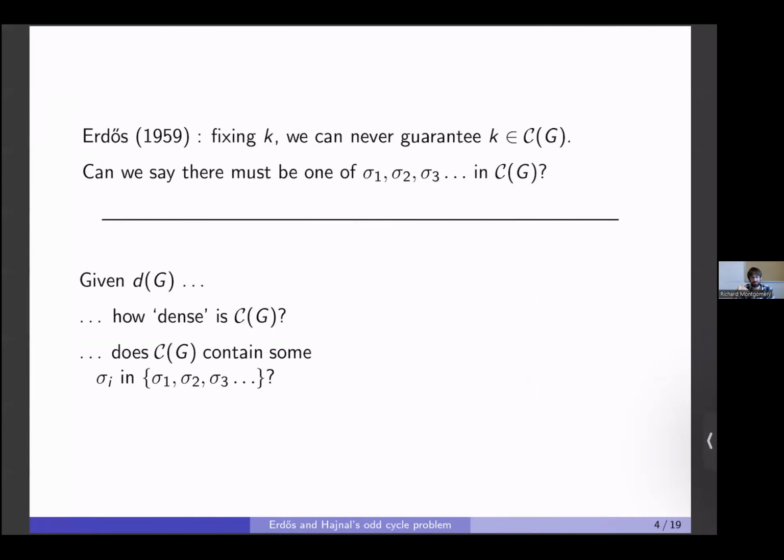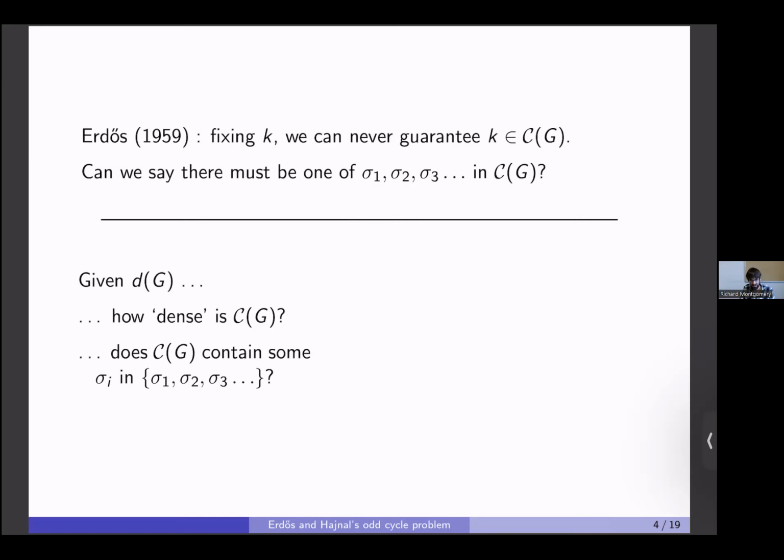So, given the average degree, I want to ask how dense can this set of cycle lengths be? And also whether the set of cycle lengths contains some specific sigma i in some sequence.